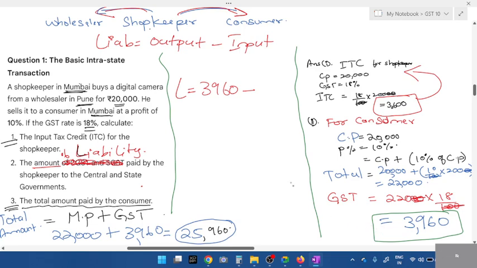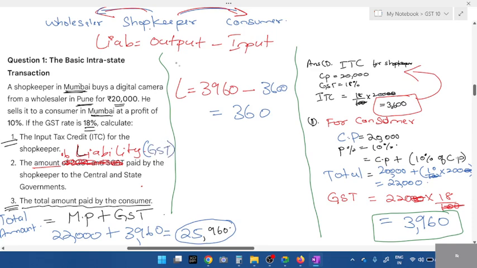See, this 3,960 is what the consumer paid, right? Minus input. Input is what he paid. How much did the shopkeeper pay? Look at the solution. You get 3,600. So what is the liability? 360. Liability is nothing but the total GST amount.